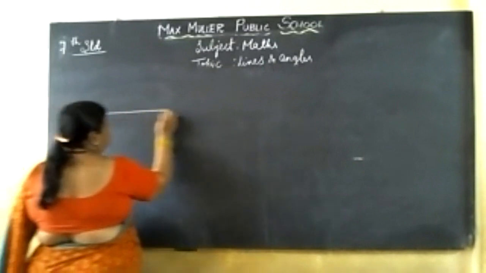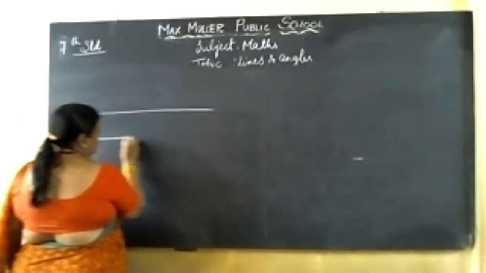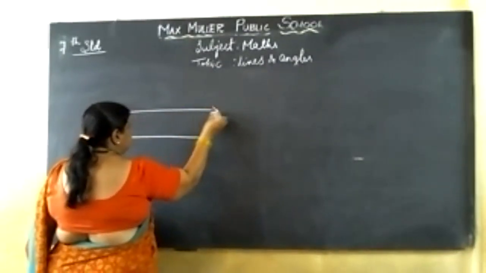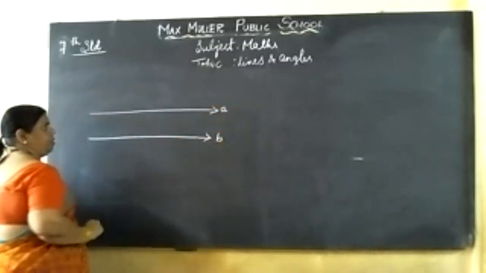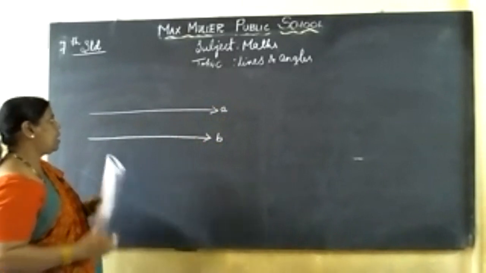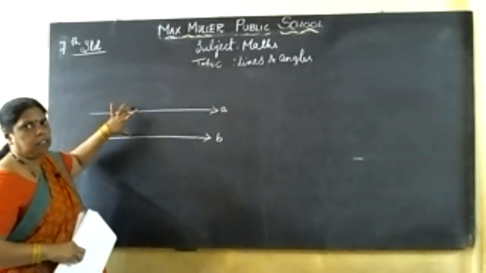See, two parallel lines. This is line A, line B. Okay, this is a parallel line.